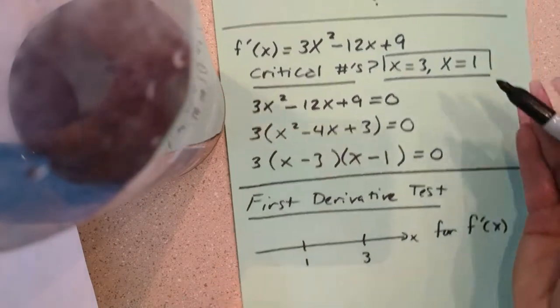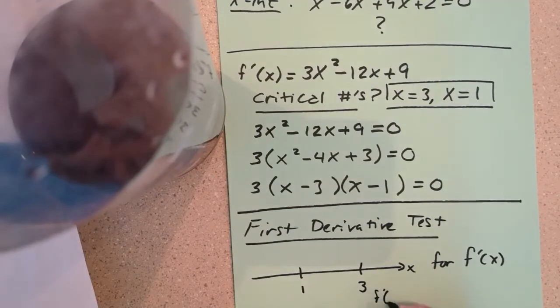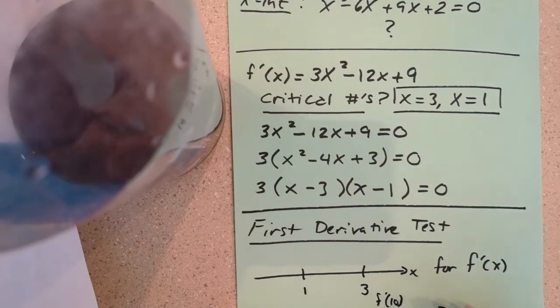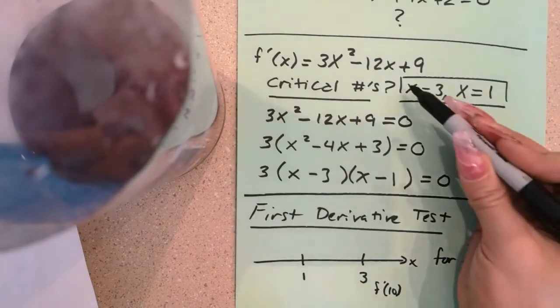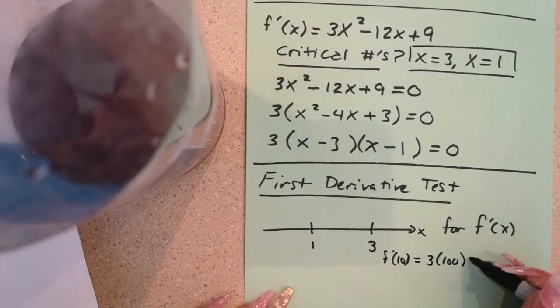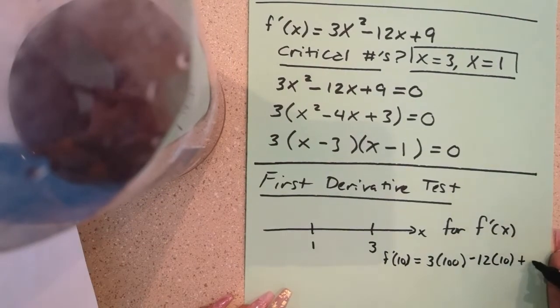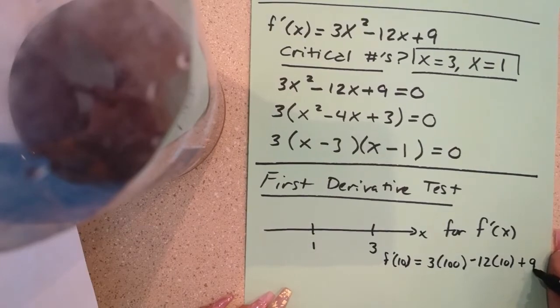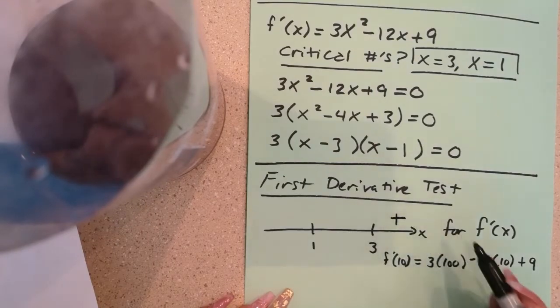So I'm looking at f prime of x, and if I was to plug a big number in here, like 10, I'd have 3 times 100 minus 12 times 10 plus 9. Well, this is 300, this is 120, so this is going to be a positive number.